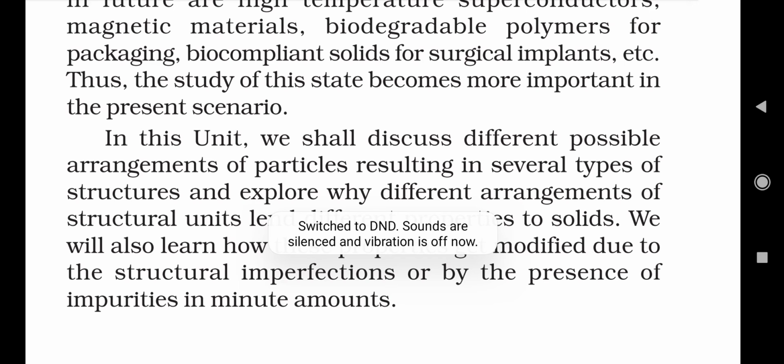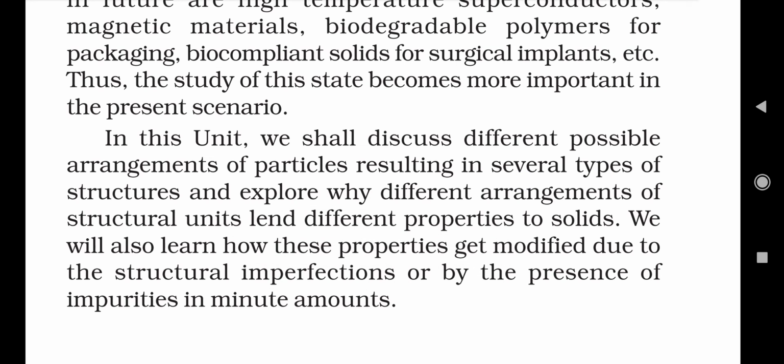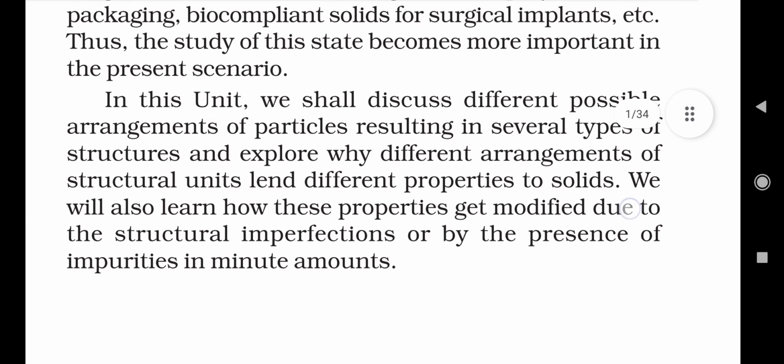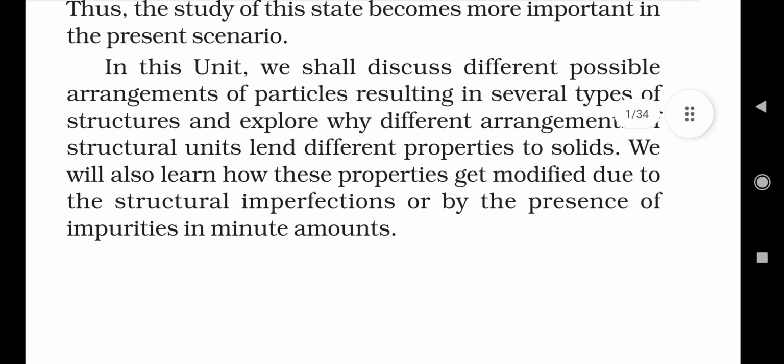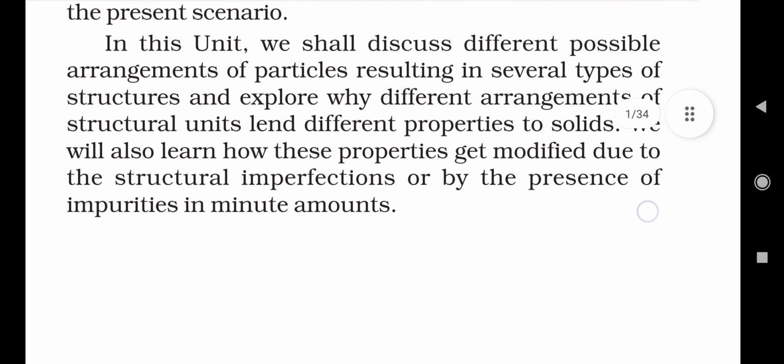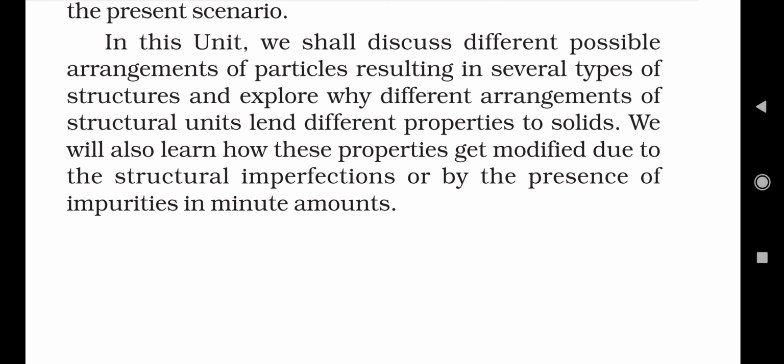So what is the base of this chapter? First of all, we understand the base of this chapter, then all of the things will become very easy for us. In this unit we shall discuss different possible arrangements of particles resulting in several types of structures, and explore why different arrangements of structure lead to different properties of solids. I already told you this line is important. We will also learn how these properties can be modified due to structure imperfection.